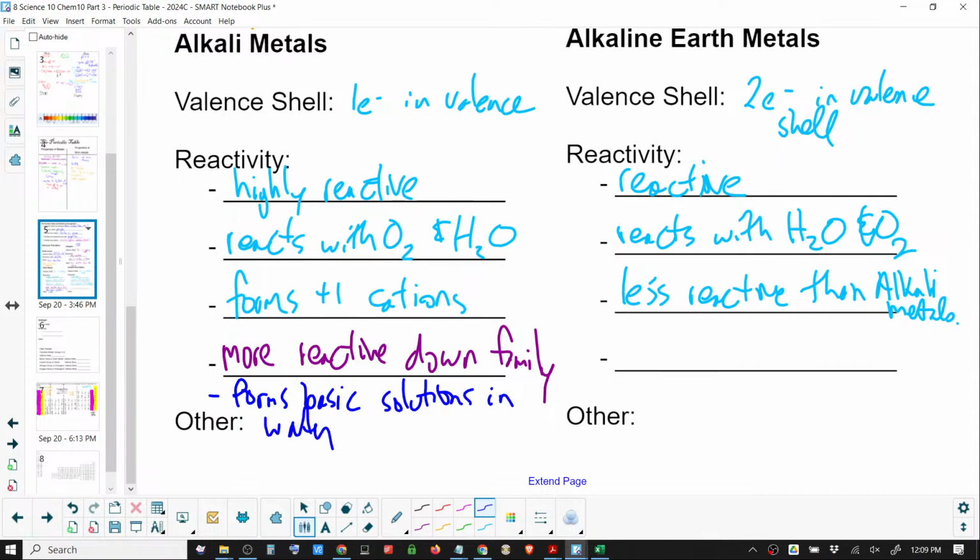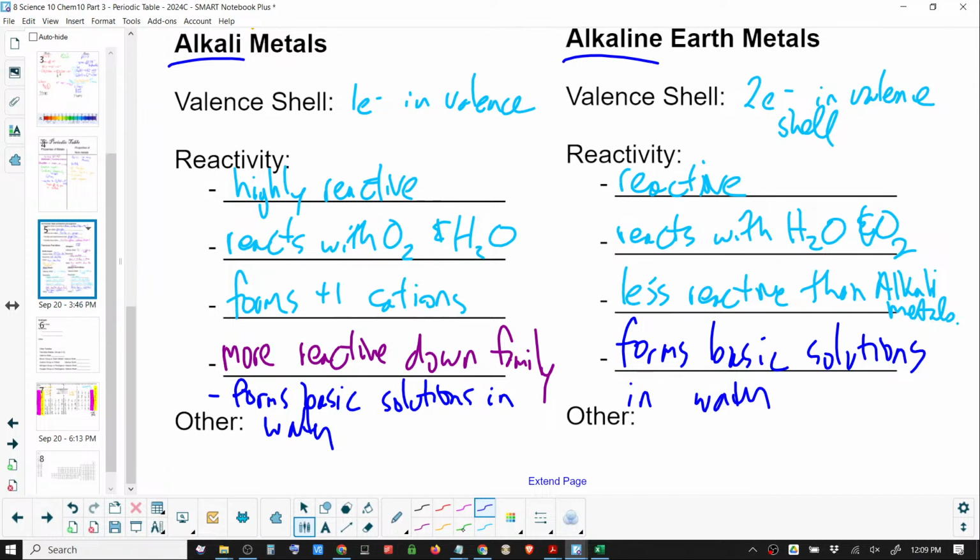And that's where the word alkali comes from. Alkali means basic. And alkaline earth metals also form basic solutions in water. That's why they're alkaline.